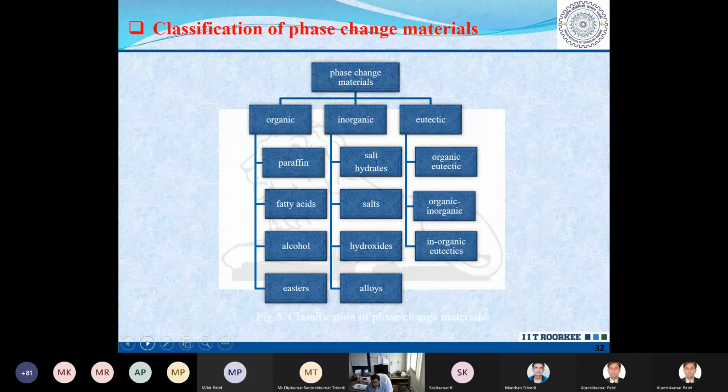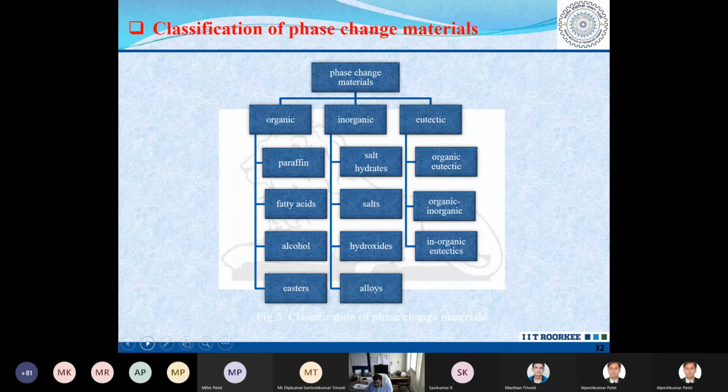These are the basic requirements. But of course, the cost is also a criterion. That means we have to select the proper phase change material where the charging and discharging rate is okay, and the heat content capacity must be good or high, and finally it should be cheap. That is, affordability should be there.